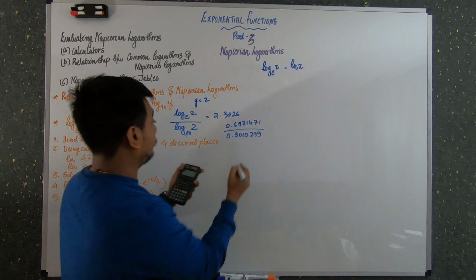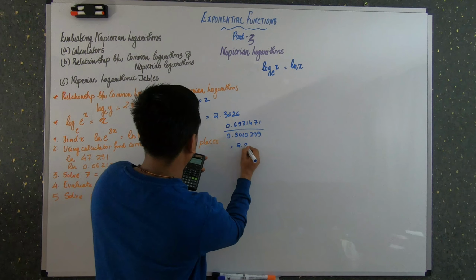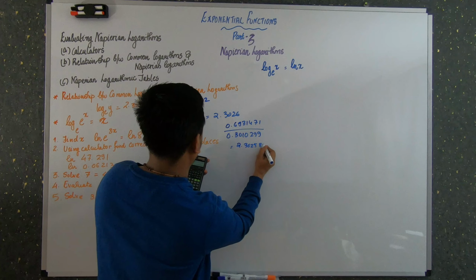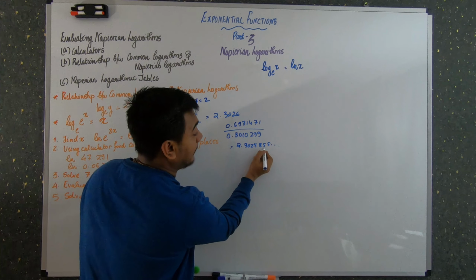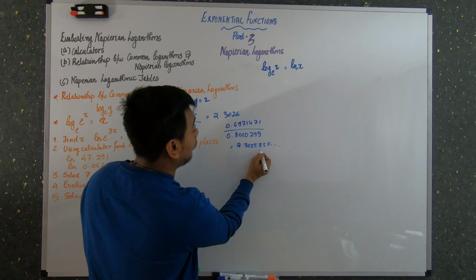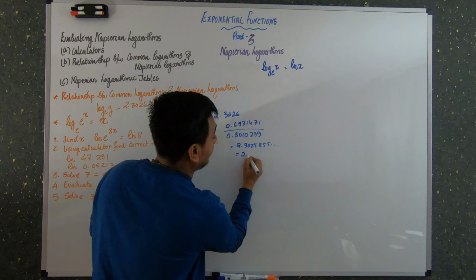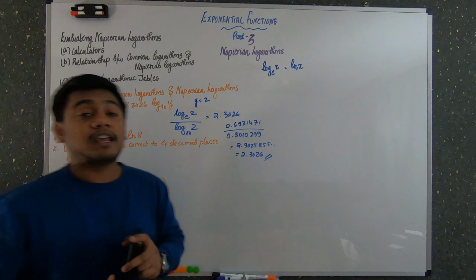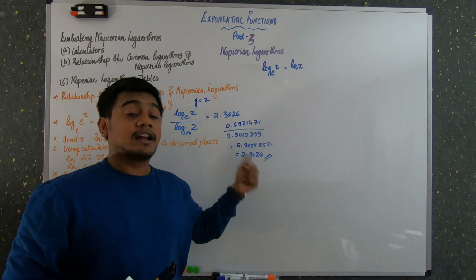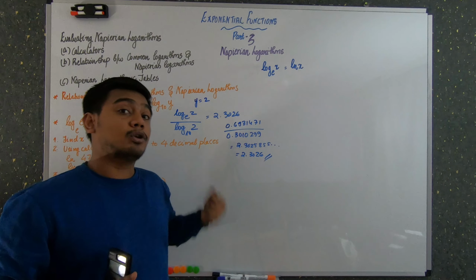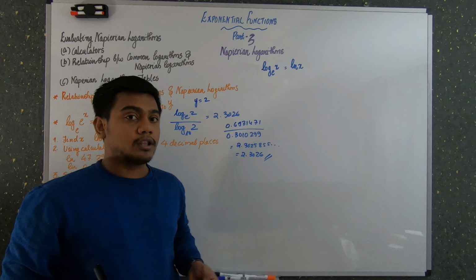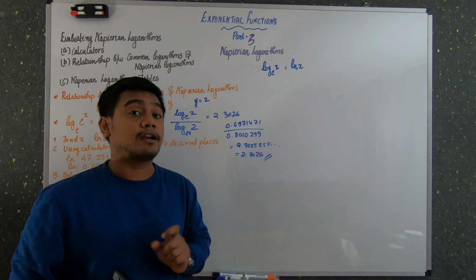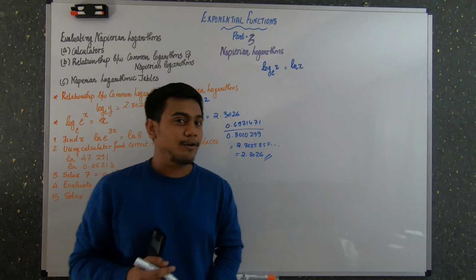What do you get? 2.3025855 and so on. This is approximated to 4 significant figures, so you will get the answer as 2.3026. From this, we can understand that this relationship is valid and it can be used to find Napierian logarithms, or the opposite way, you can also find common logarithms from Napierian logarithms.